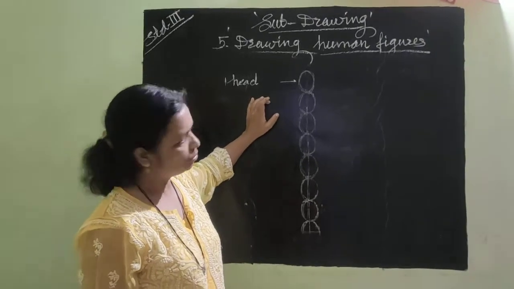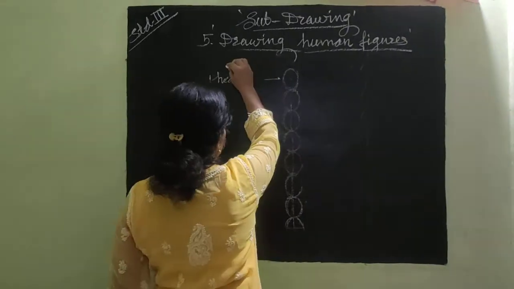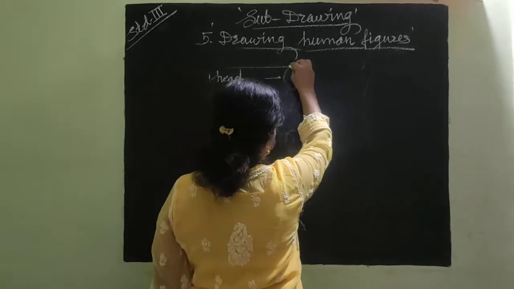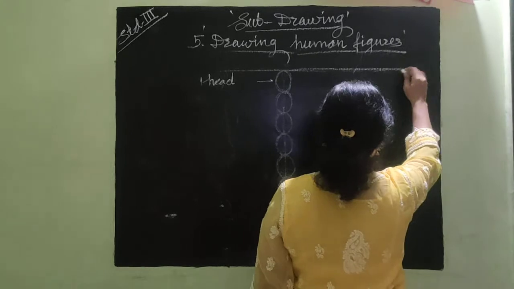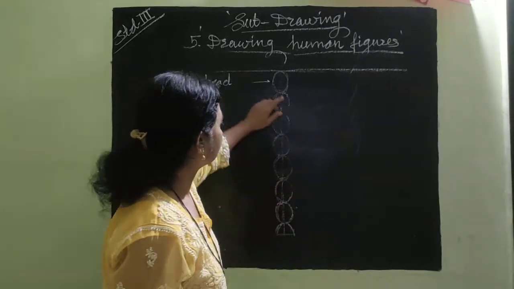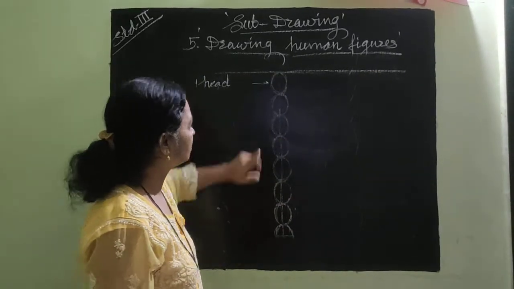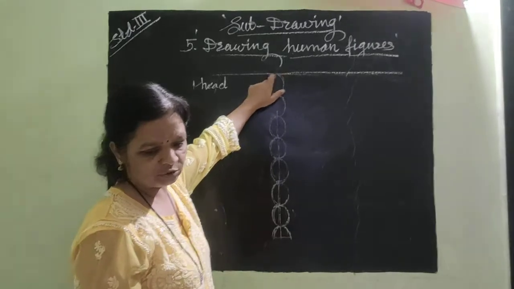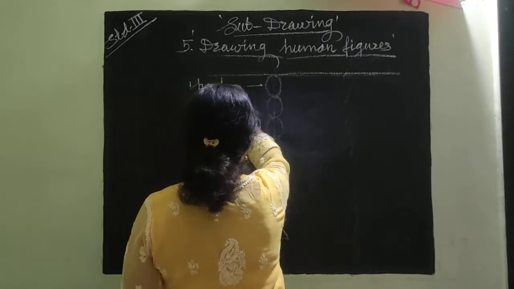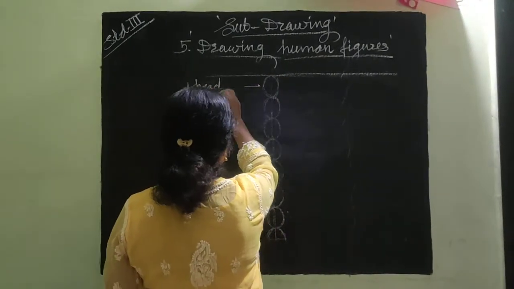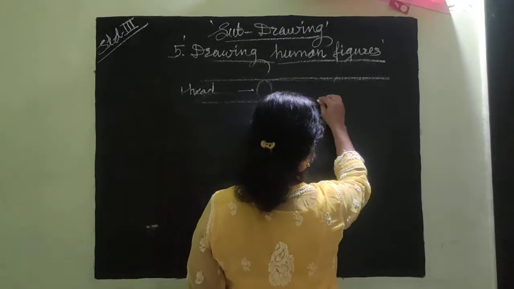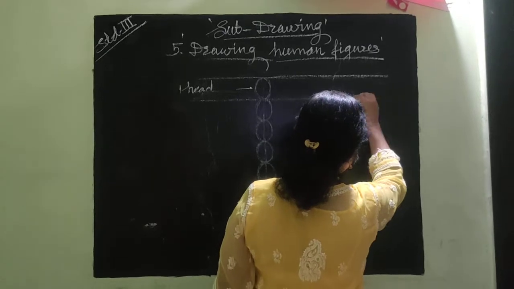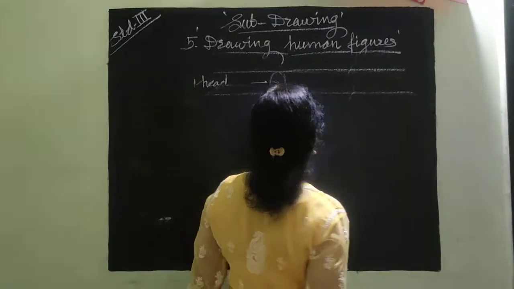Now this upper line, starting from this line up to the ending line of this oval shape is our head or our face.